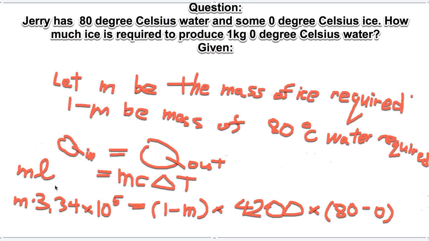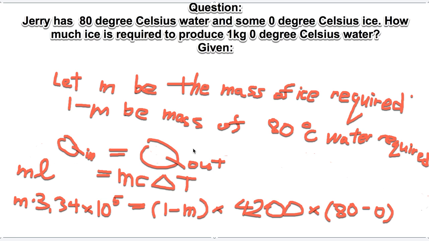So by putting mL equals mc delta T, this is the energy change in this question. So we have m times 3.34 times 10 to the power of 5 equals 1 minus m times 4200 times bracket 80 minus 0. So after solving we would have the answer for this question.